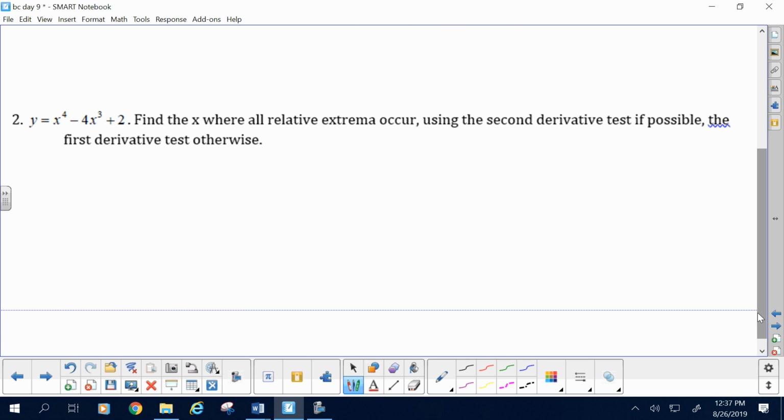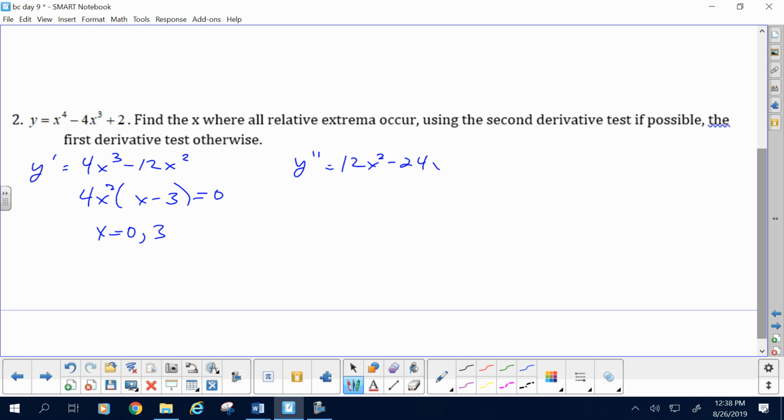Let's go here. This one actually requires a little more. Minus 12x squared. First or second derivative test, you still have to pause here. And did you get critical numbers at 0 and 3? Yes. Okay. Now it says find the x where all relative extrema occur, using the second derivative test if possible, first derivative test otherwise. So the second derivative is 12x squared minus 24x.